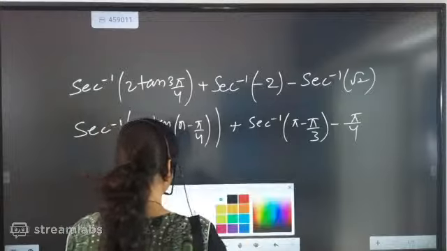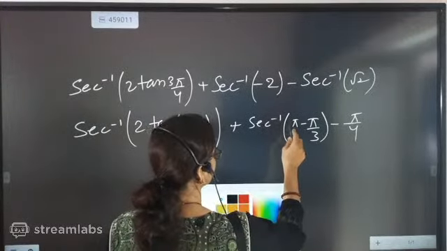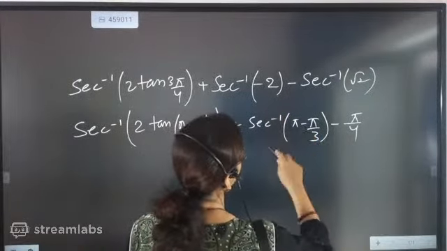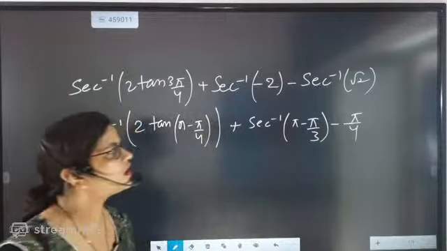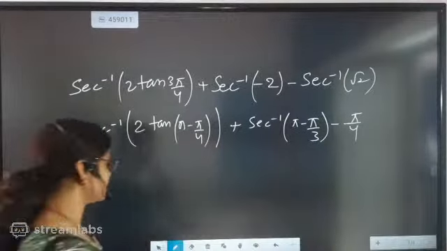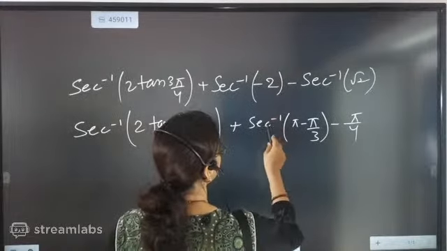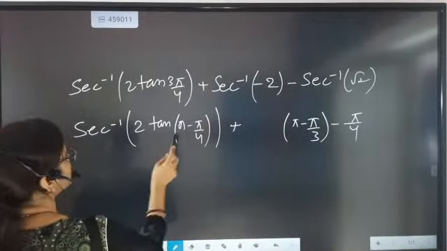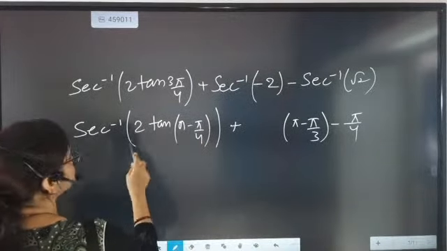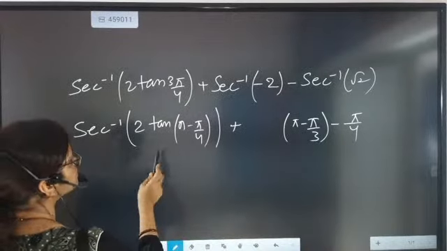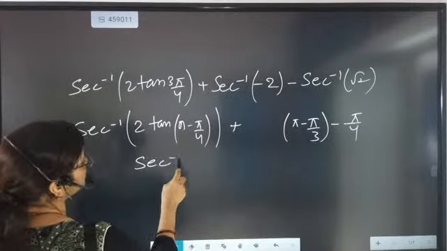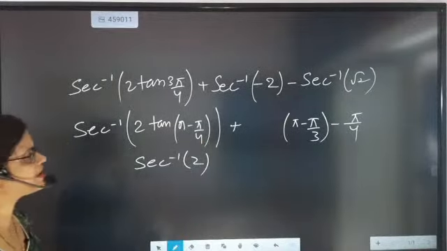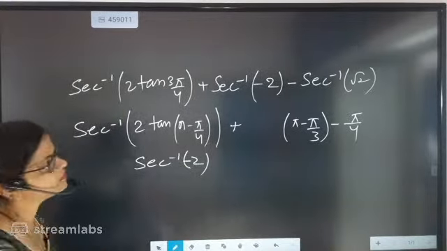Okay, I missed secant; I have to write secant here. I should write secant inverse of pi minus pi by 3, then it will come correct. Now here it is coming pi by 2. So secant inverse 2 will come here because it is exactly pi minus pi by 4. Here again minus 2 will come.